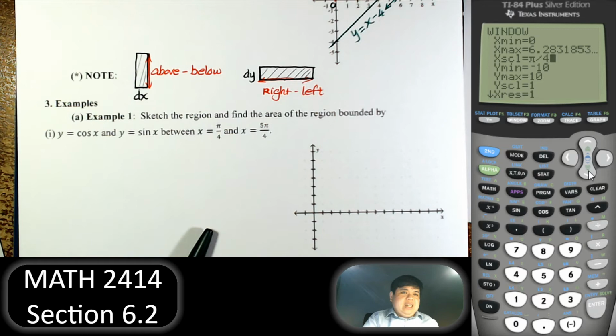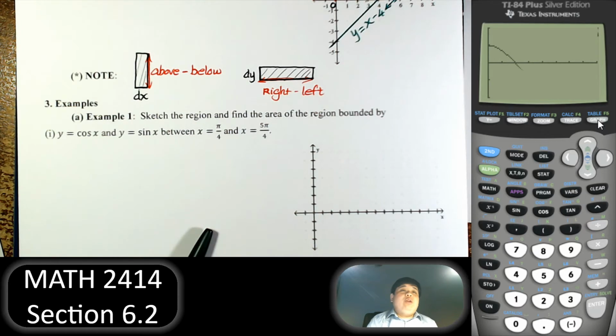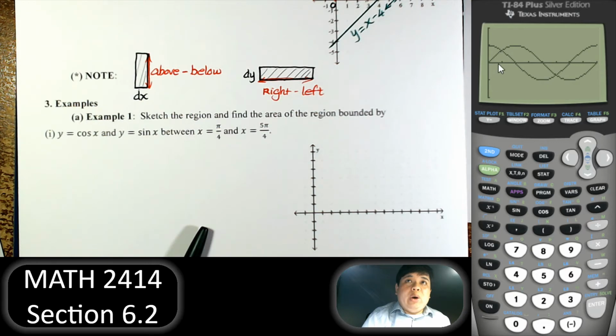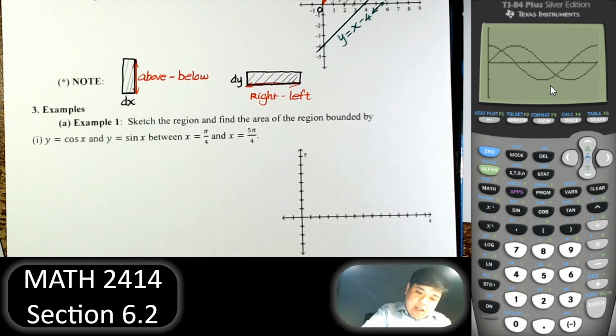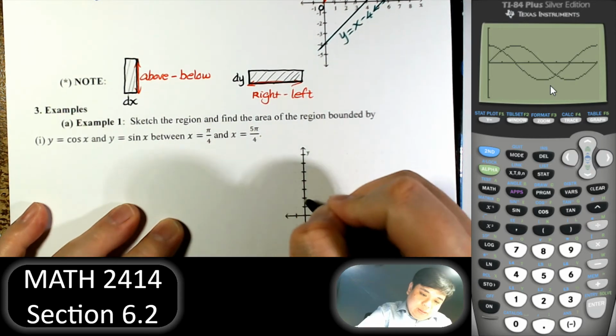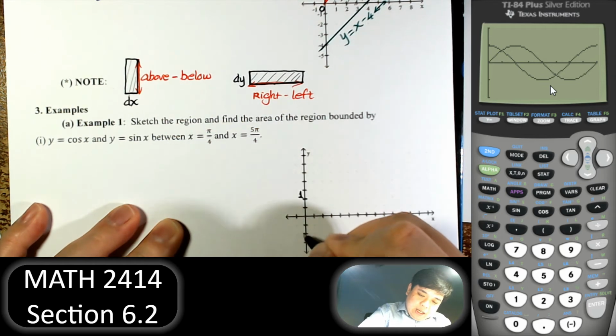Right, y values. This is just sine, cosine. We don't need that much. Sine, cosine is only between -1 and 1. So why don't we just say -2 to 2? And then the graph will look a lot better. So not only do we know that it goes from 0 to 2 pi, we know the tick is pi over 4. So 1 pi over 4, 2 pi over 4, 3, 4, and 5 pi over 4. So let's say this is 1 and -1.